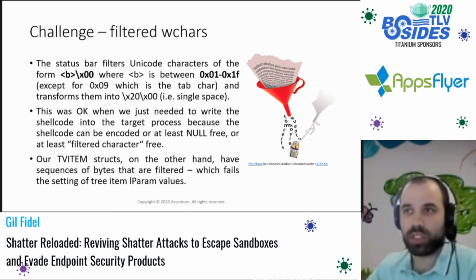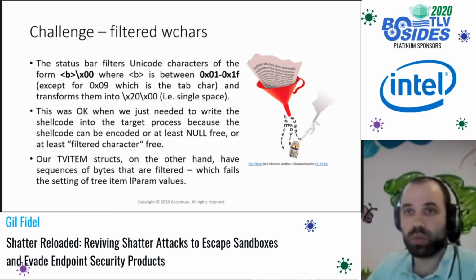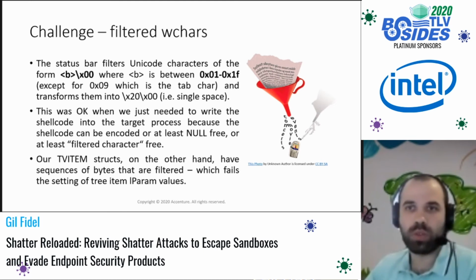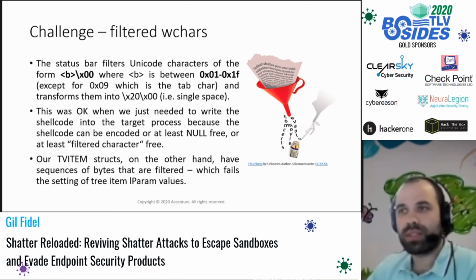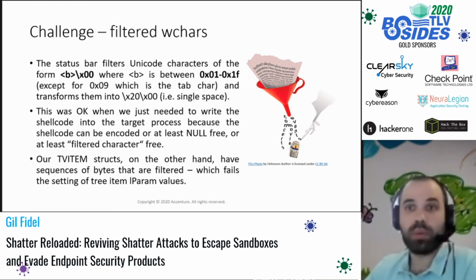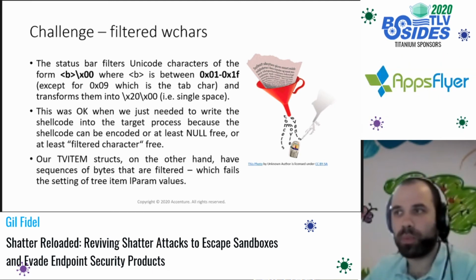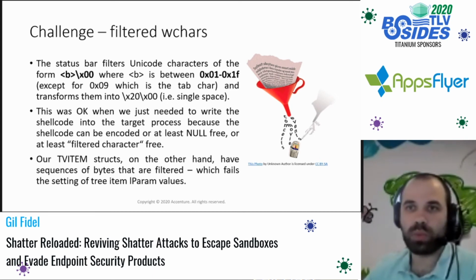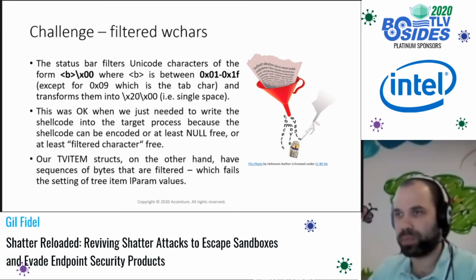It does some sanitization. In the context of the sandbox, when we only wanted to copy a shellcode, it was fine because you can craft a shellcode without special characters of your choosing. But in this case, it was a problem. Another problem was that we also had some double nulls or even 4 consecutive nulls that we needed to pass around as part of the structs for setting the lParams in the tree view, etc.